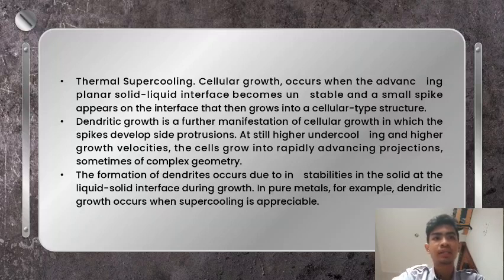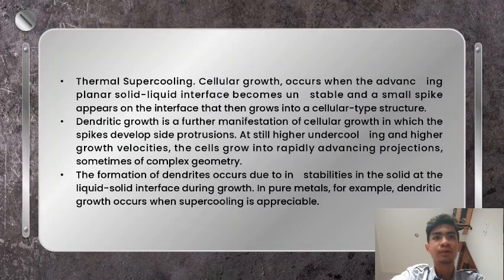The initial spikes remain insulated at first because as they grow by solidification, they release the latent heat of fusion into the adjacent liquid, causing a localized increase in the temperature. Consequently, parallel spikes of almost equal spacing advance into the liquid.